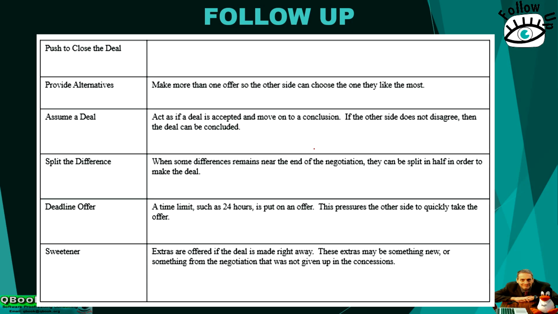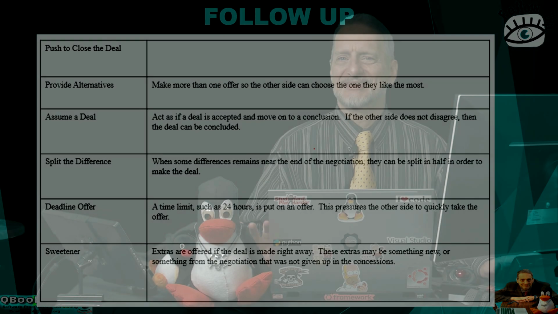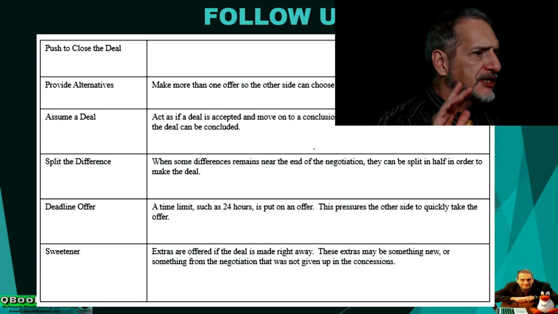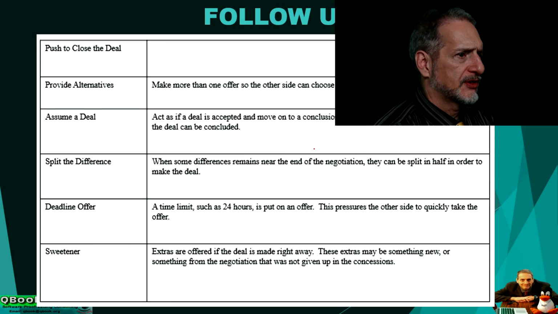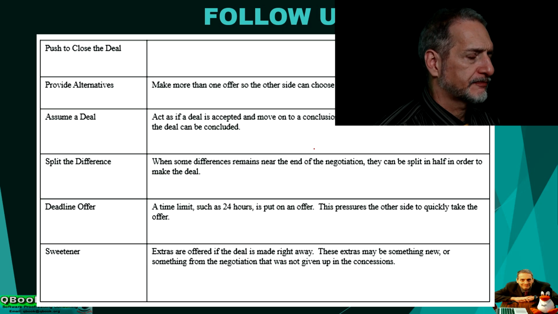A deadline offer means I'm going to give you a final time to agree. After that time, game over. I'm just walking away. This will give the other side pressure to push to the end.